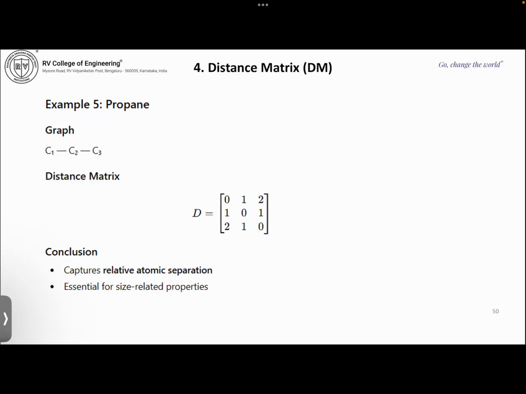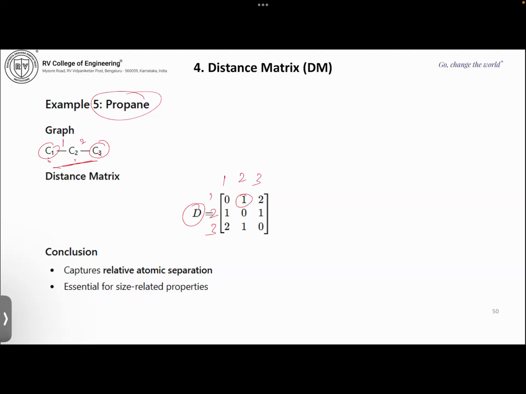Let us understand this distance matrix by taking propane as an example. So propane, this is the graph. It has 3 vertices, 1, 2, 3, and 2 edges. The distance for this is defined as C1, 2, 3, and 1, 2, 3, 3 vertices. 1 and 1, the distance is defined as 0, and 1 and 2 is by 1 edge, and 1 and 3, they are separated by 1, 2.